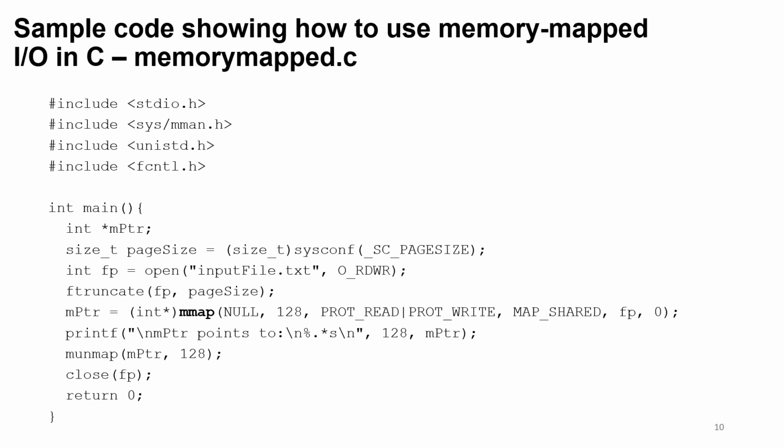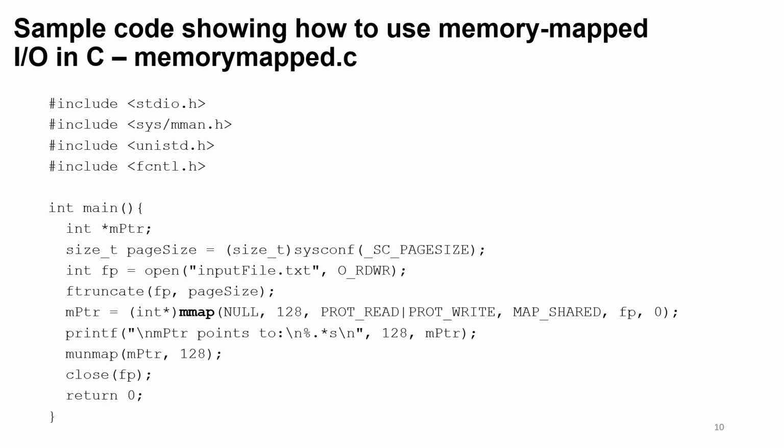So in this example, we have a file named inputfile.txt that we are opening in read and write mode. First, we create the file, and then we are mapping the file with the process. And if you notice, we are using the map shared mode here, which means that the mapping will be shared with all other processes that are mapped to this object.